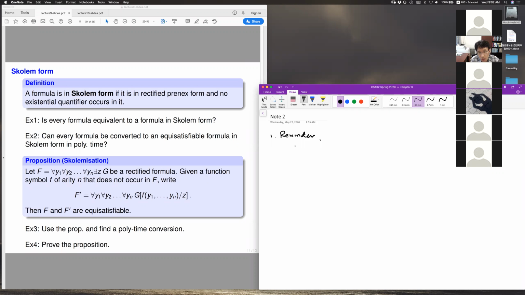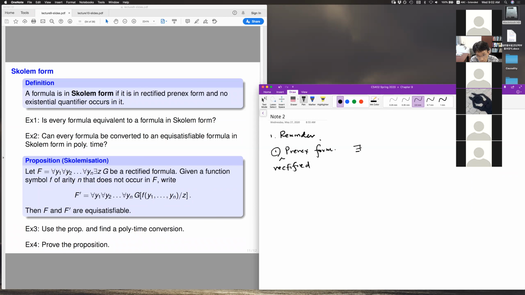One of the things that appears quite often is something called the Prenex form, especially the rectified Prenex form. This is a formula where all the universal and existential quantifications are taken out.